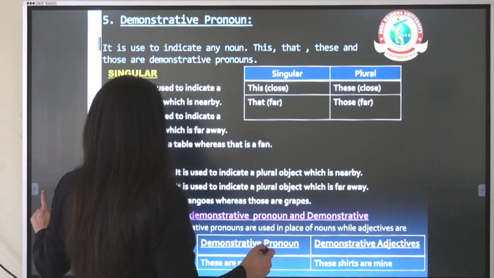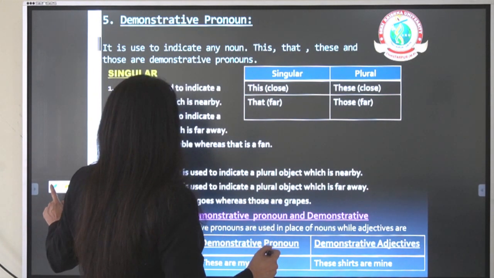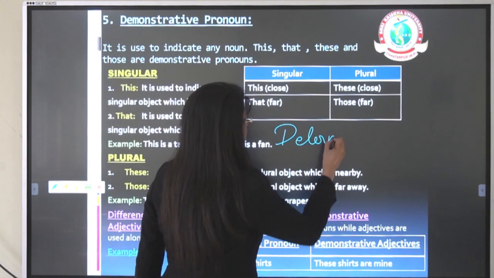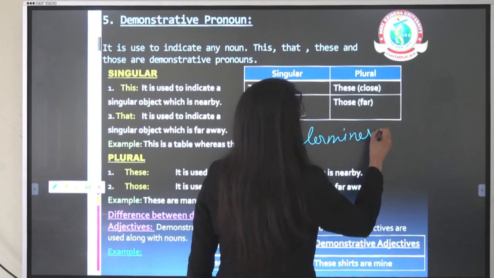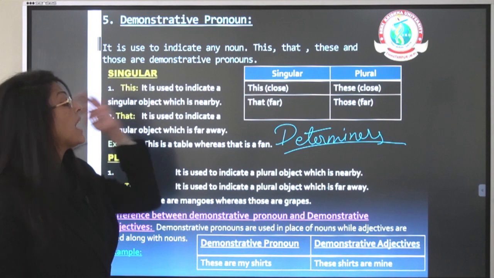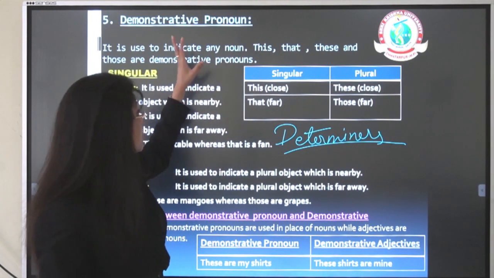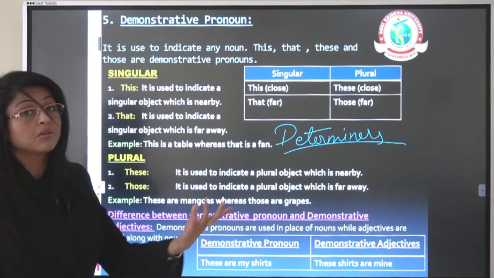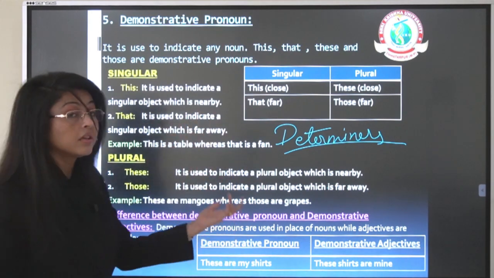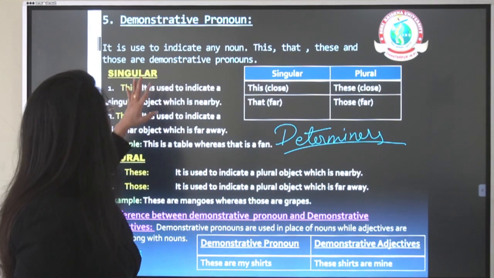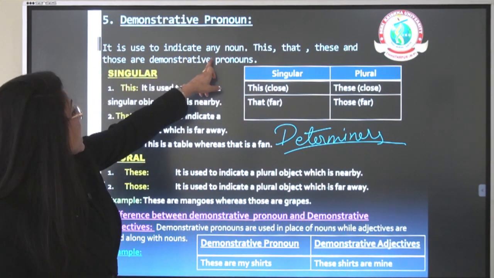When we talk about determiners, demonstratives are one category of determiners, which demonstrate the position, the location, where it is located: close, far, near, far, up, down. These are demonstratives, right? It is used to indicate any noun.